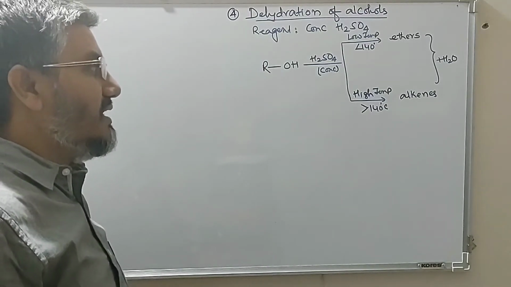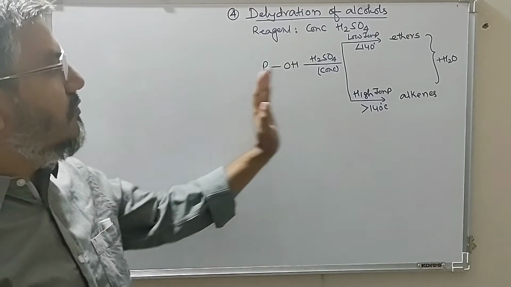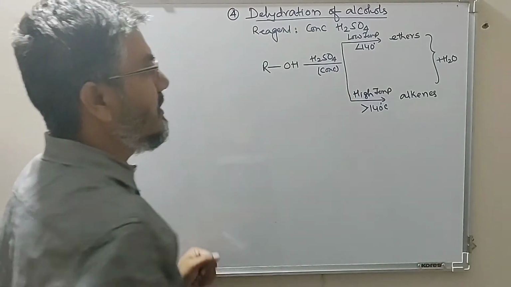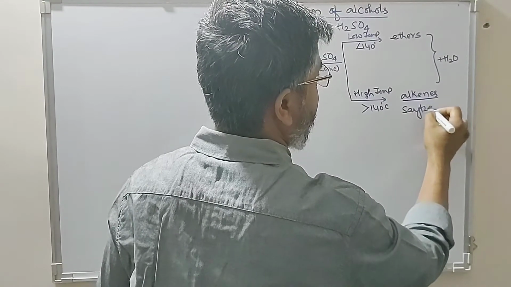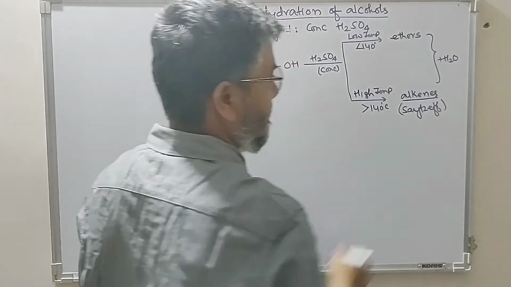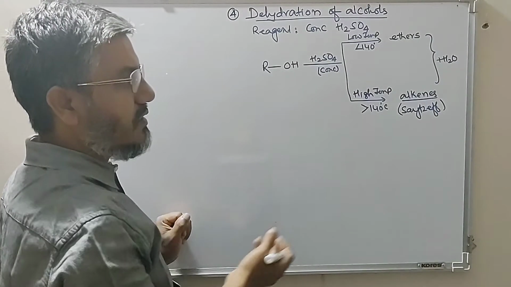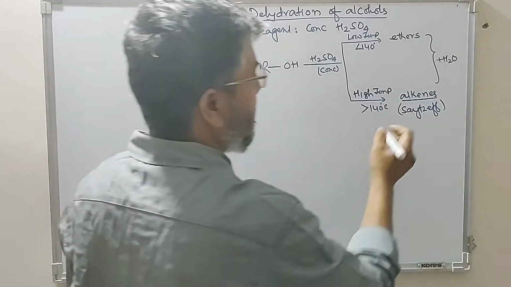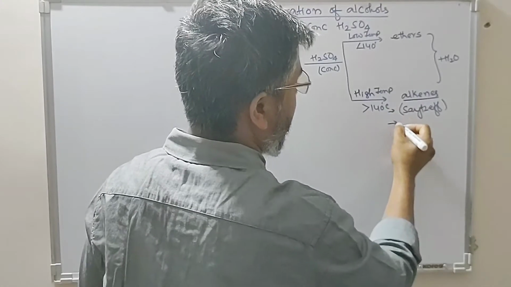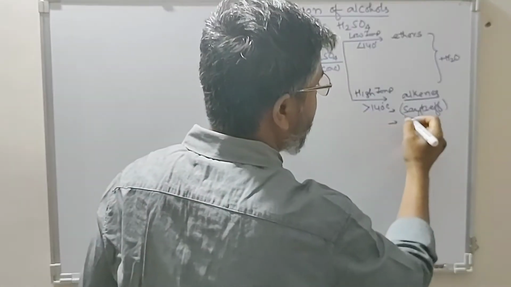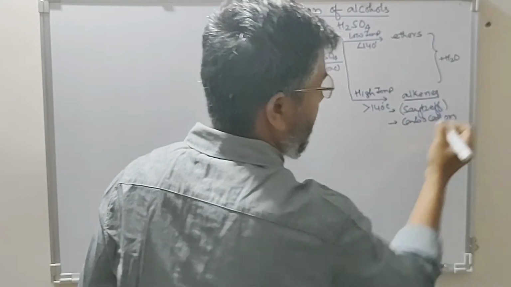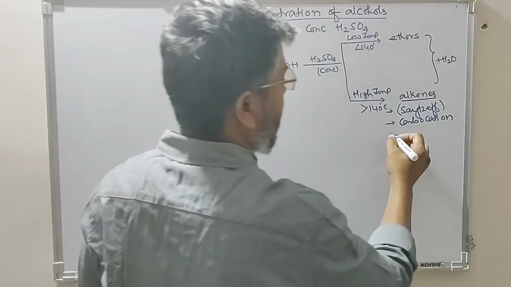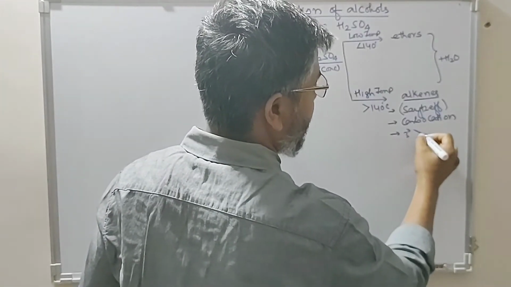Now the formation of this alkene. For the formation of alkene, the reaction follows Saytzeff's rule. That means the more stable alkene will be formed, and the reaction follows a carbocation. If the reaction follows carbocation, then the reactivity order is tertiary alcohol is more reactive, followed by secondary, followed by primary.